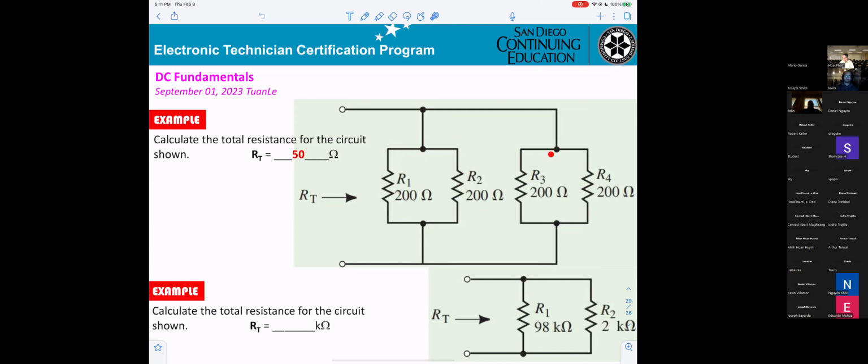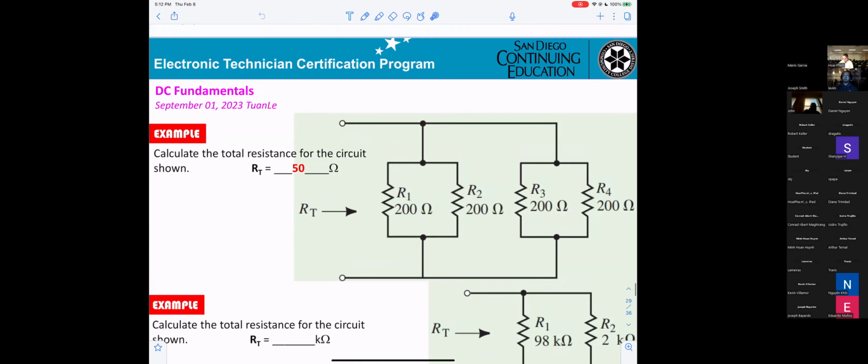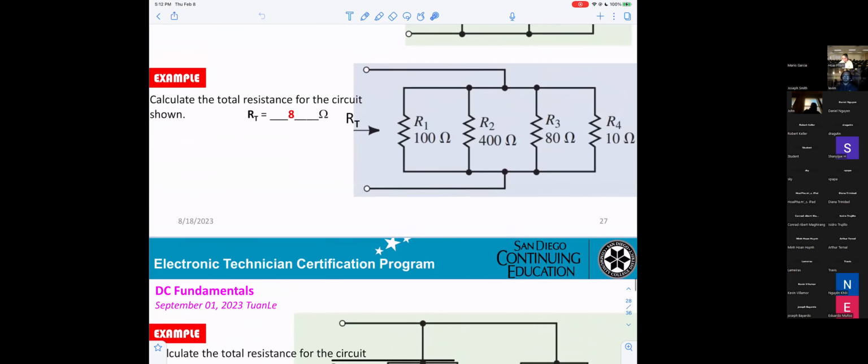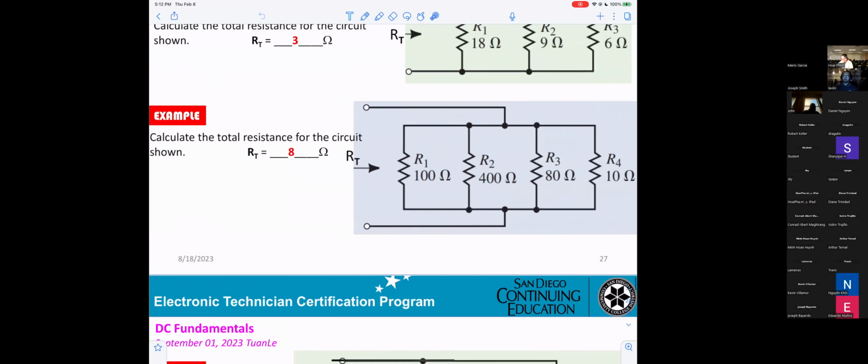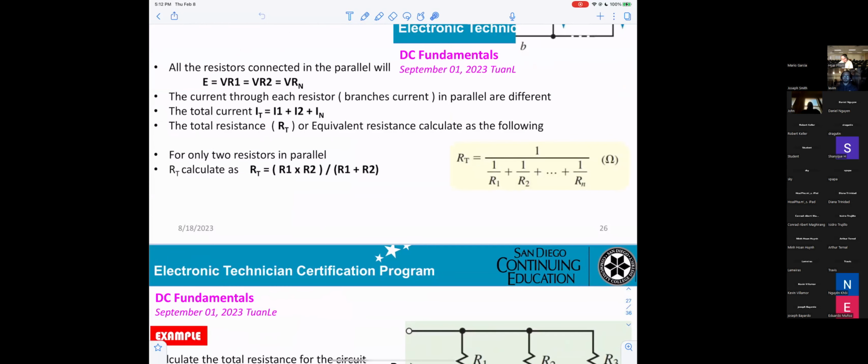And also R3 and R4 are combined into another one. Then you will get two resistors in parallel. To calculate the equivalent resistance, you have to use the formula here.